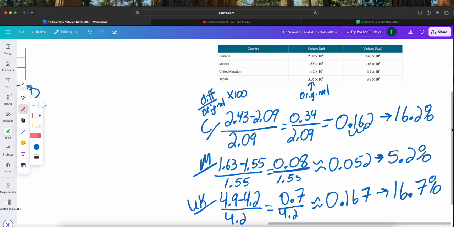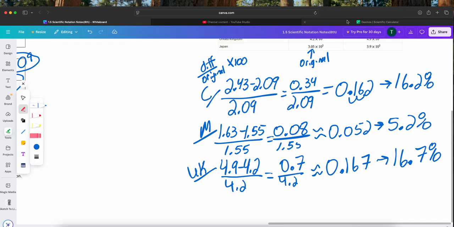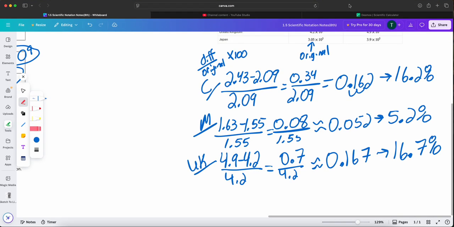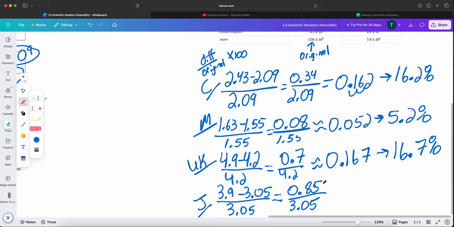Then we just need to do our final one here, which is Japan. We'd be taking 3.9 minus 3.05 over 3.05. Subtracting those gets me 0.85 divided by 3.05. If we divide those, we get about 0.